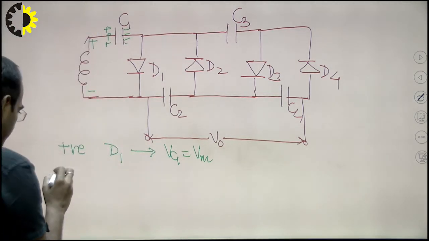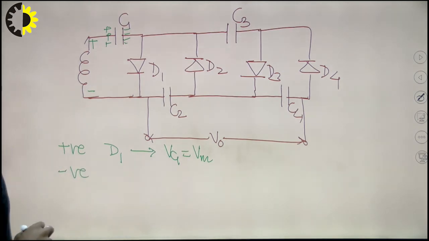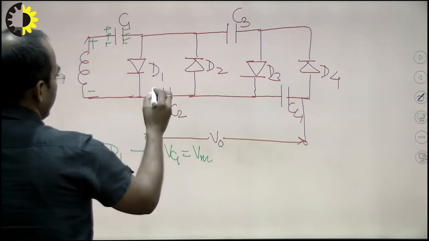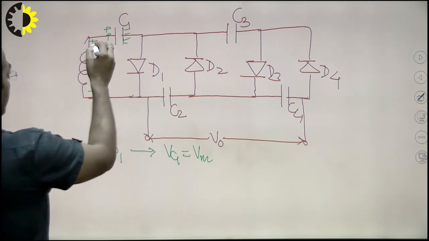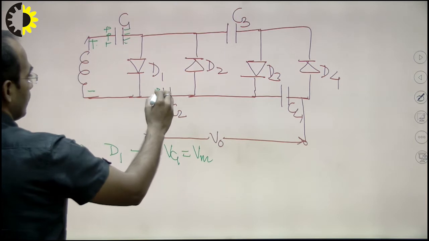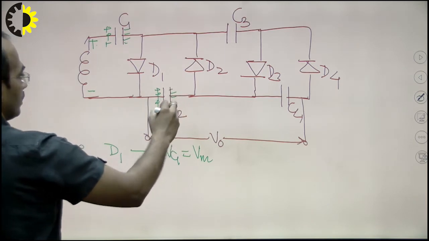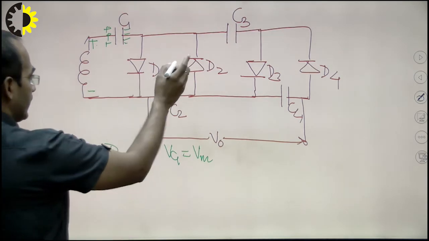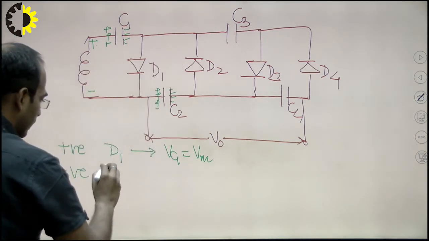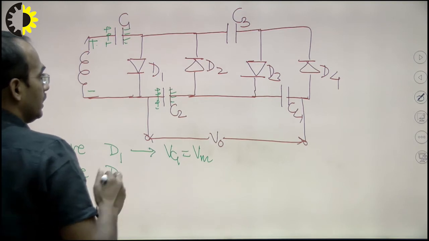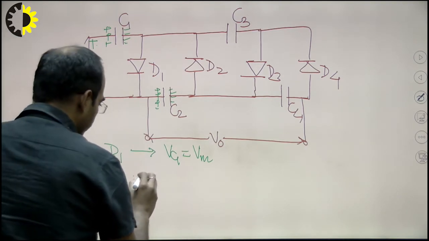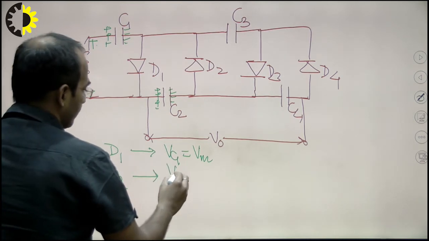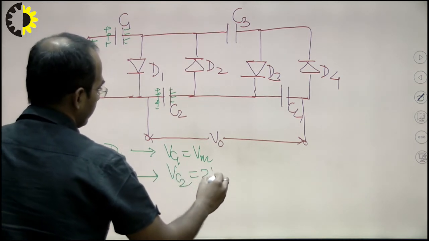For the next half cycle, that is negative half cycle, positive charge will accumulate here and negative charge will accumulate here. So, what will be the value of Vc2? In that case diode D1 will not conduct, I have already discussed in the voltage doubler circuit. Diode D2 will conduct and the voltage across capacitor C2 will be twice of Vm.